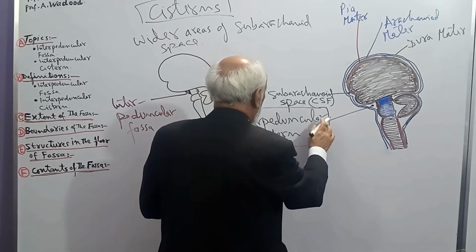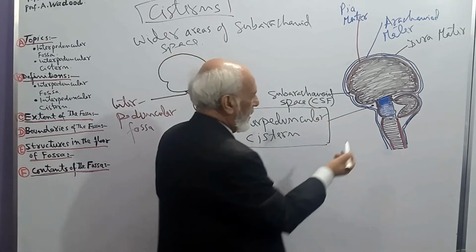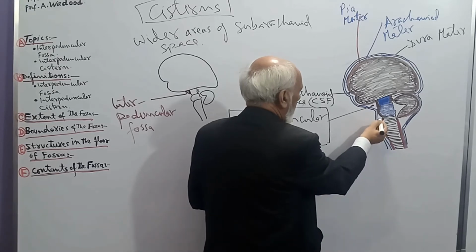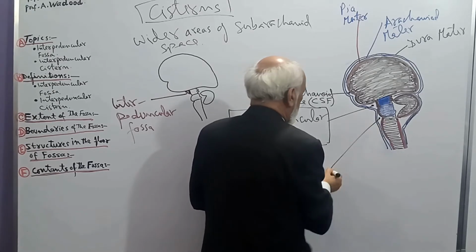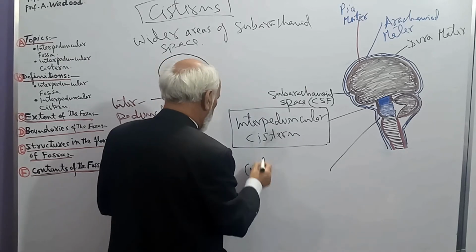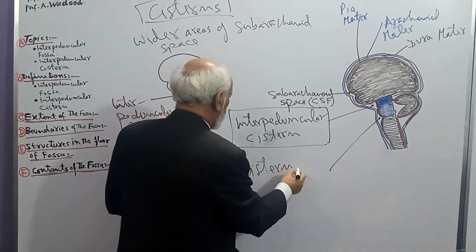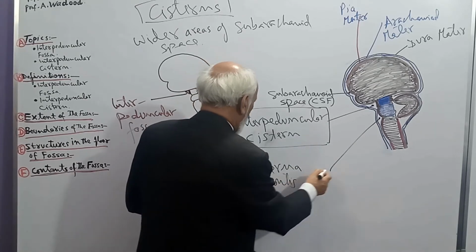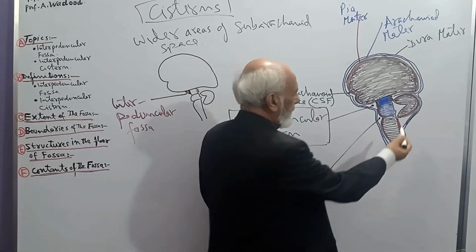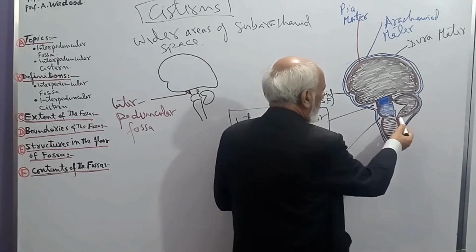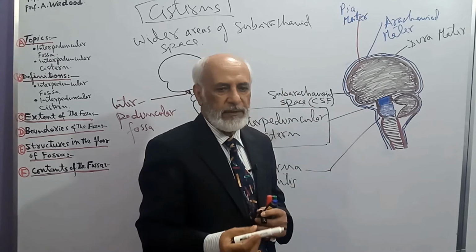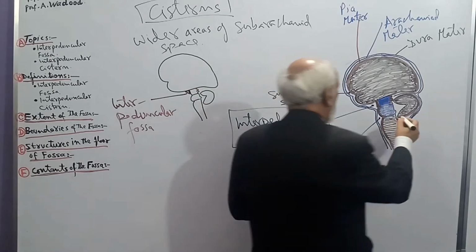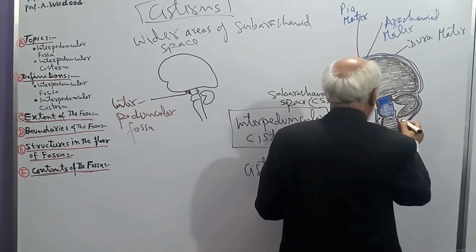Now, as I told you, there are other cisterns also. Can you see here in front of the pons and in front part of the medulla oblongata, there is another cistern known as the cisterna pontis. Can you see here below the cerebellum and posterior aspect of the medulla oblongata, again the subarachnoid space is wider, known as the cerebellomedullary cistern.